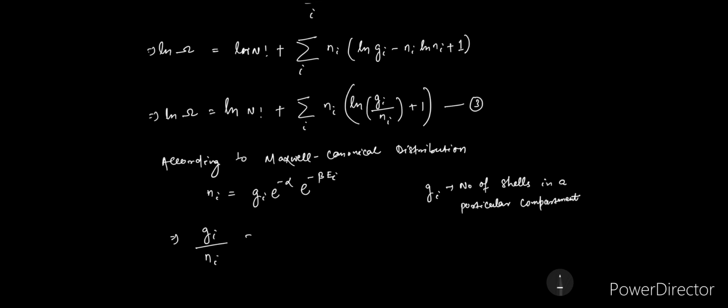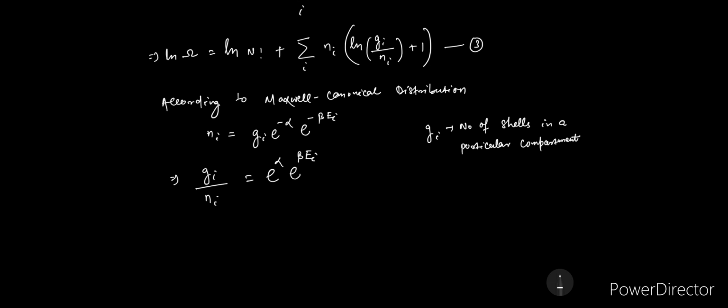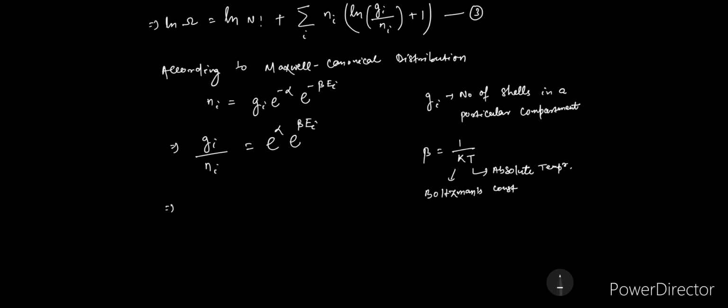So gi by ni is equal to, taking this to the other side, e to the power alpha e to the power beta ei. In the topic of Maxwell canonical distribution, we have already calculated that the value of beta is nothing but 1 by kT, where k is the Boltzmann's constant and T is the absolute temperature. So we can write gi by ni is equal to e to the power alpha e to the power ei by kT. This is equation 4.